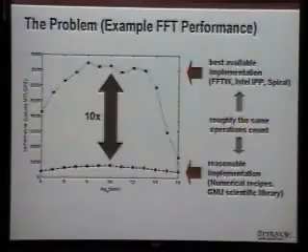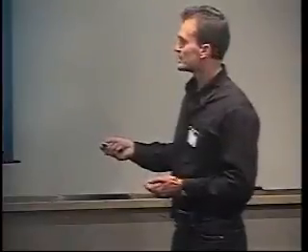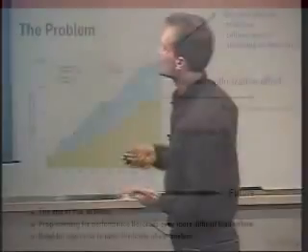And this is an FFT performance plot, but you could show the very same thing for pretty much any numerical problem out there, even conceivably simple ones like matrix multiplication. So what's going on here? Why is there such a large difference between a reasonable implementation by, let's say, a graduate CS student and the best possible you can get?